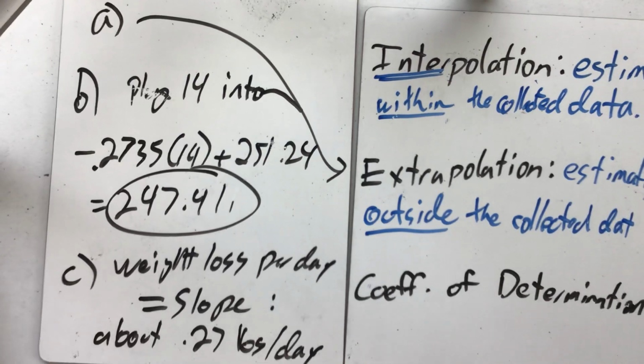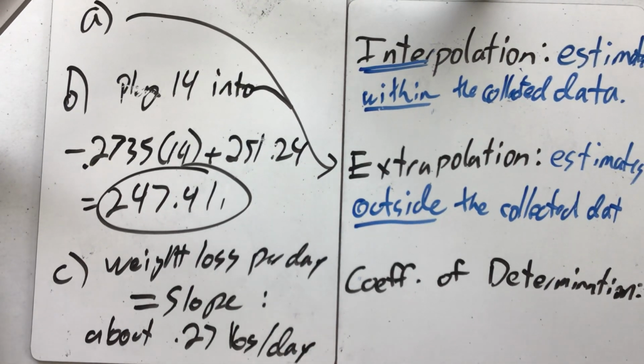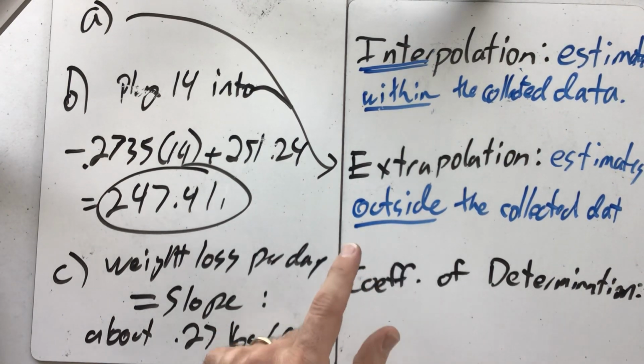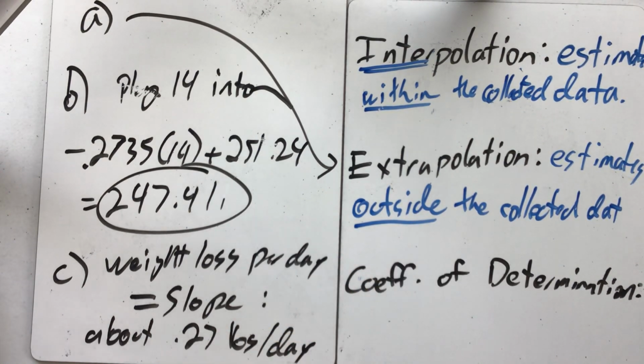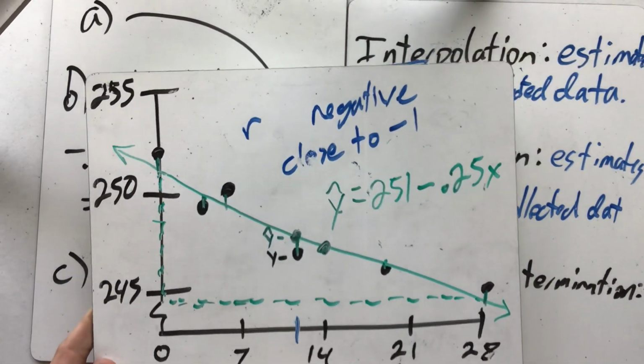As a general rule in statistics, interpolation is often considered pretty safe. If you use interpolation to make estimates, you can be pretty confident in those estimates. Extrapolation can be very risky because in order for extrapolation to be useful, you have to know that whatever the trend is will continue.